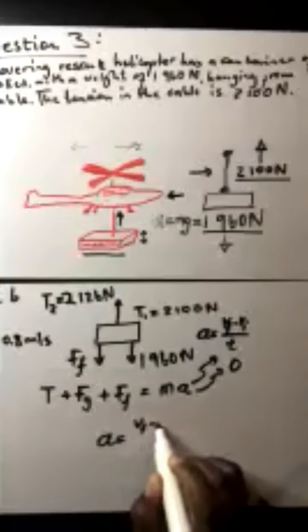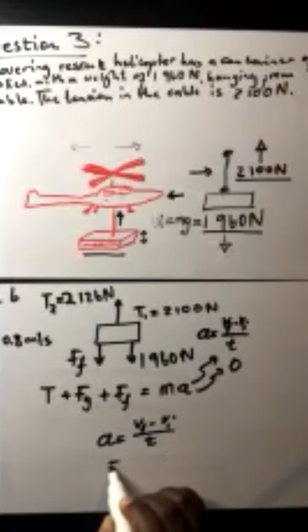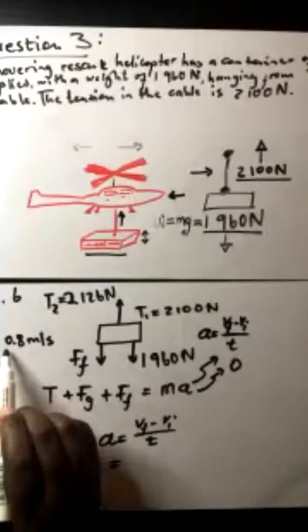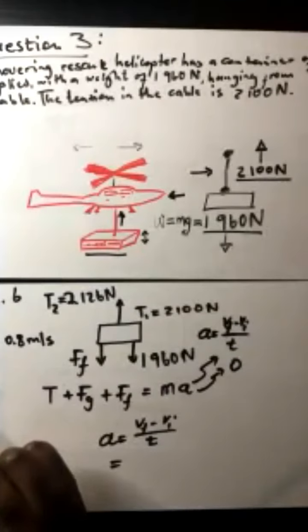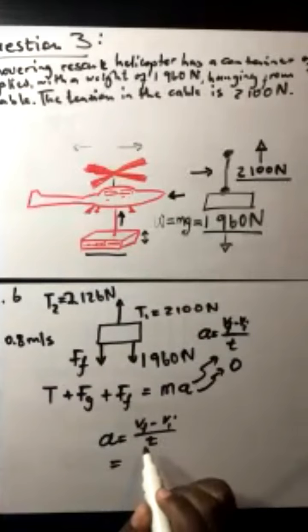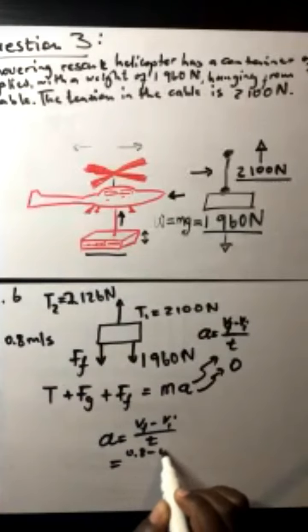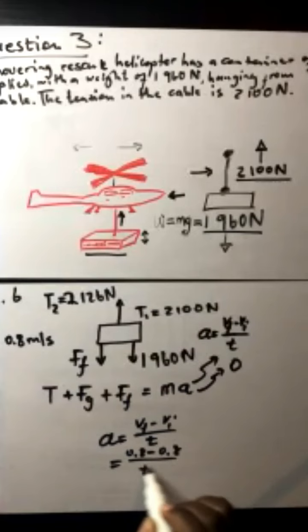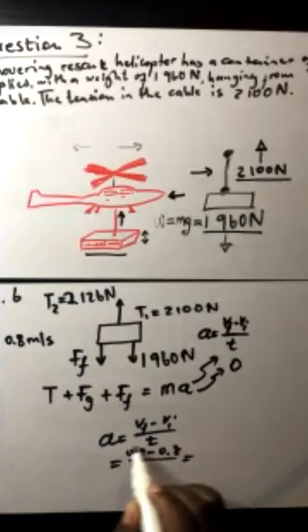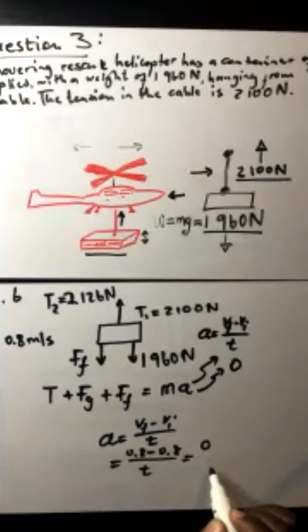I'm not sure if you are aware of this thing that I'm saying. It's because acceleration is equals to v final minus v initial divided by time. So if velocity is constant at 0.8, that means final is the same as initial. So that means 0.8 minus 0.8 over time. Already, this thing at the top is 0.